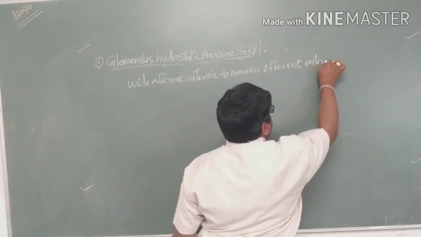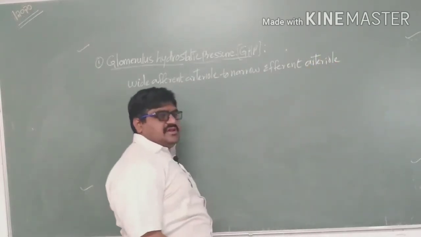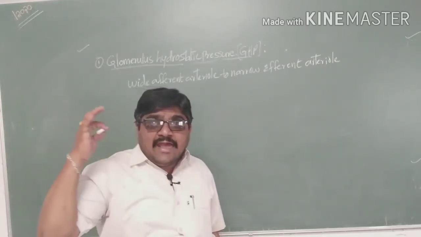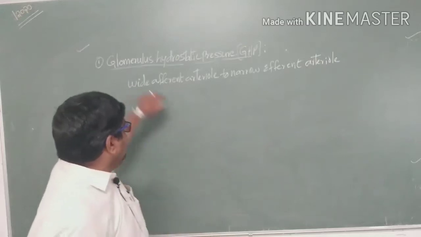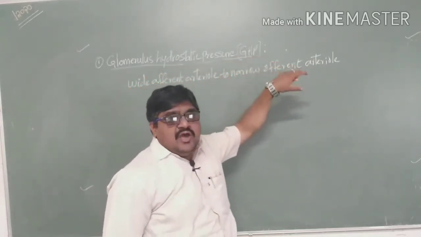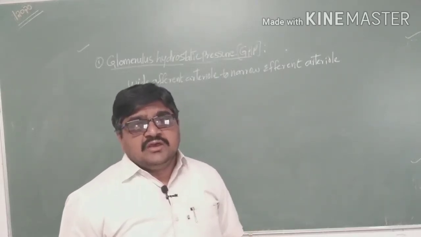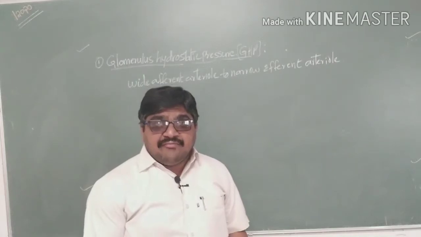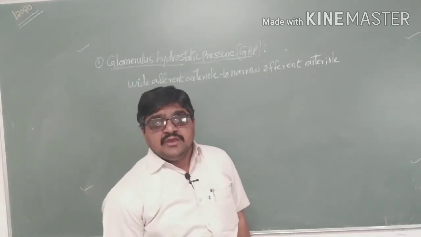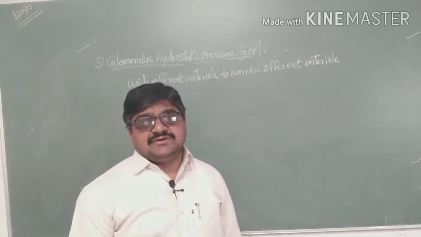It is the pressure exerted where the blood flows from a wide arteriole to a narrow efferent arteriole, where it enters into the Bowman's capsule in the form of a nephric filtrate. So this filtration is called the glomerulus hydrostatic pressure.